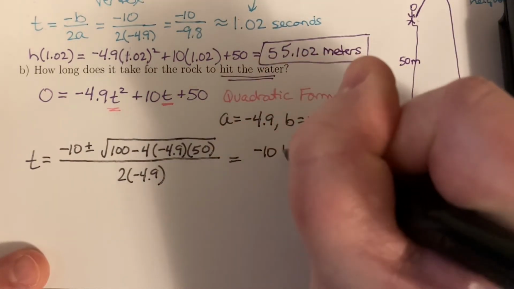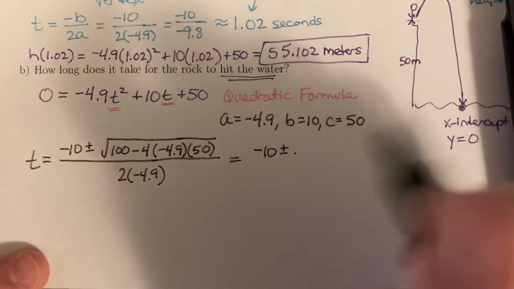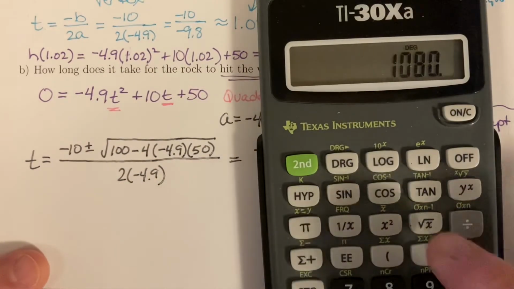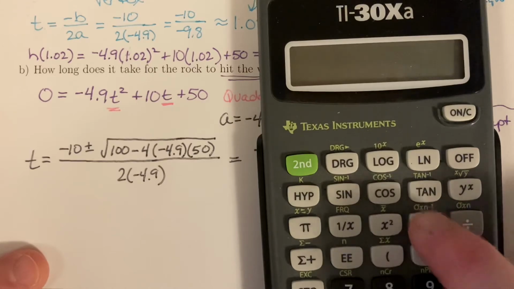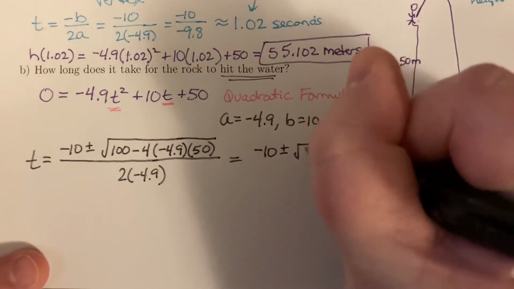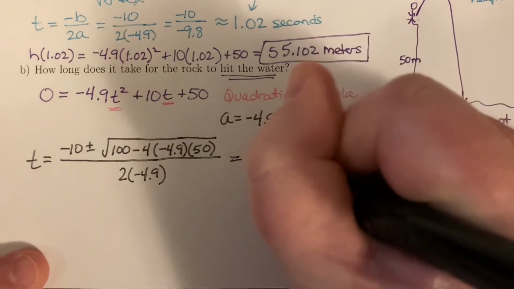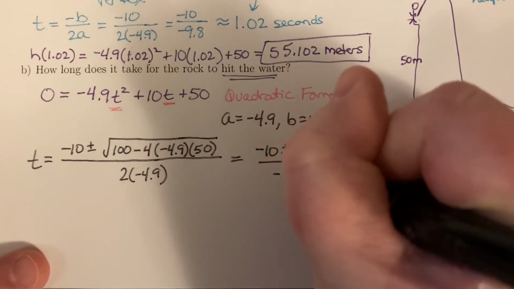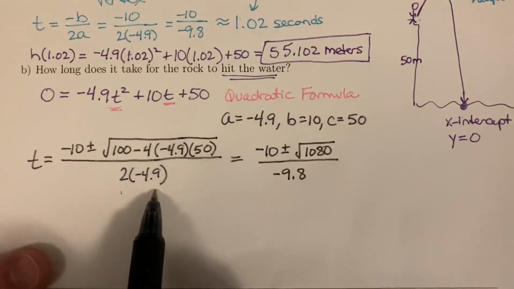So negative 10 plus or minus, and I might even want to do a square root. Let's see if 1,080 has a nice square root. It does not, so I'll leave it. Over negative 9.8, which is 2 times 4.9.